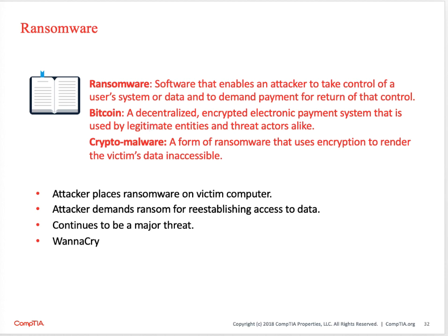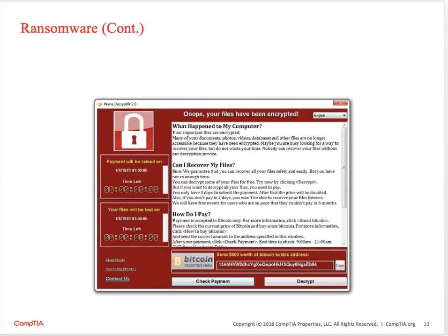So this is WannaCry. This is the pop-up you would have received if you had it. It says, "Oops, your files have been encrypted." It gives a time for how long you have to pay, or how much you're going to pay before your payment is going to be raised, right?